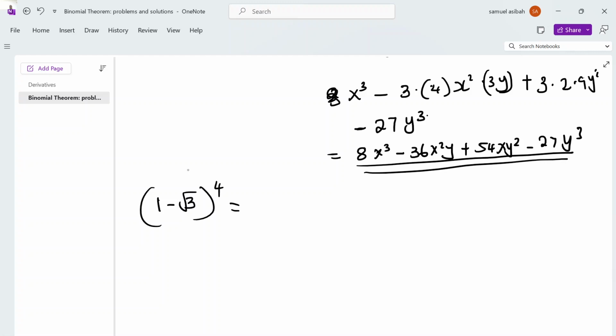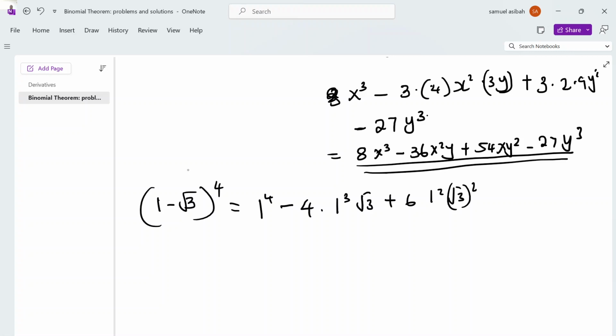The coefficients, you can get them from Pascal triangle, or you can use the combination. Then we shall have 1 raised to 4, obviously the coefficient is 4, 1 raised to 3, then we bring in root 3. Then we have plus coefficient is 6, 1 raised to 2, root 3 squared.